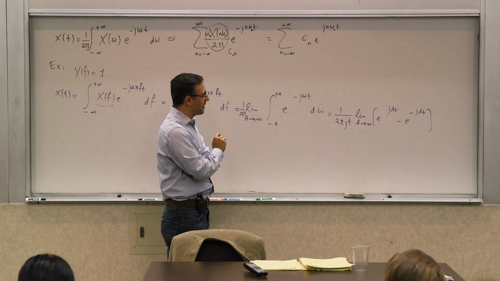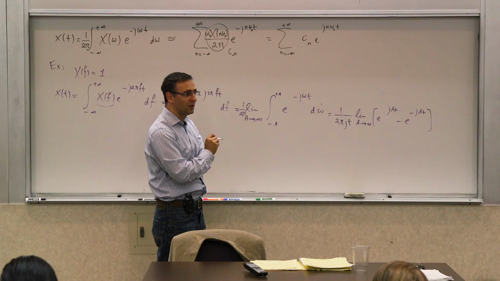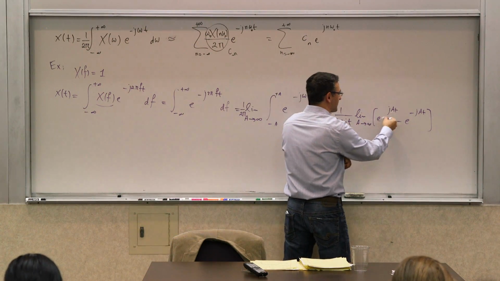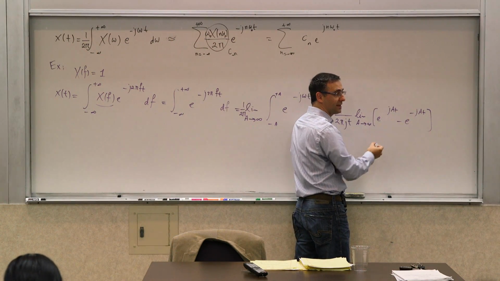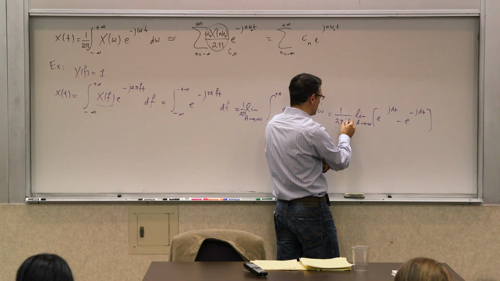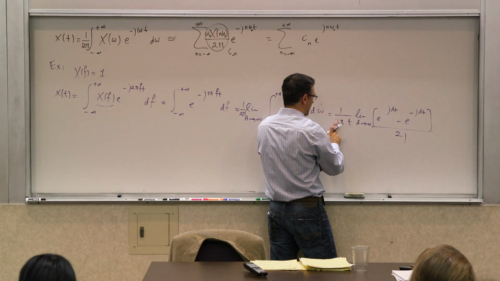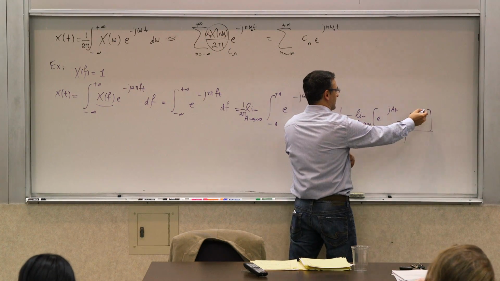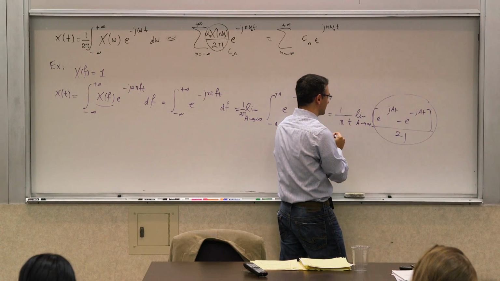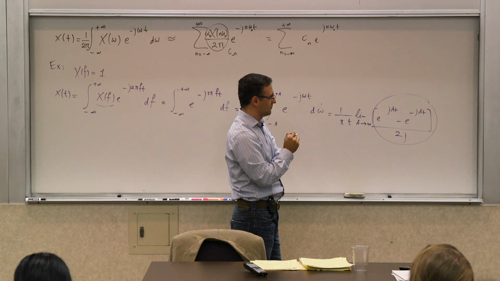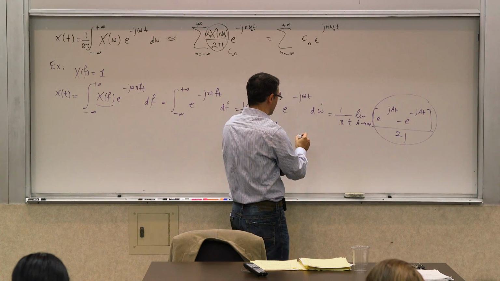So what is that quantity, by the way? Is it something you're familiar with? e to the j something minus e to the negative j something. What if I take this 2j out of here and put it there? Does this look familiar? Sine of what?